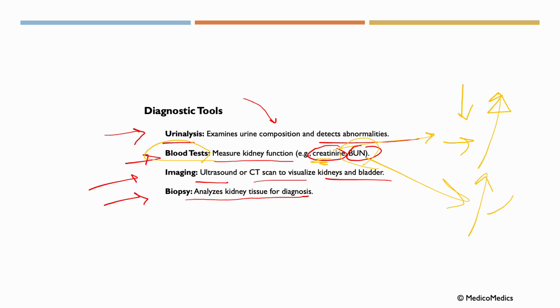And BUN can reflect kidney function, but also other factors like hydration levels, liver health, protein metabolism, etc. So while we do mention both here, if you want to pick one and say it's the gold standard, it is the creatinine test.